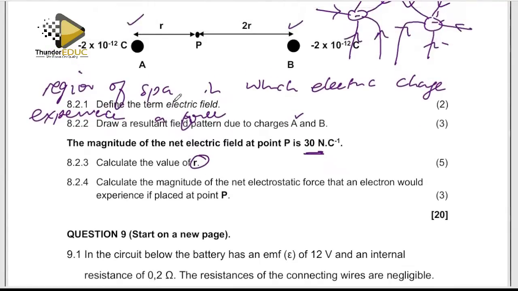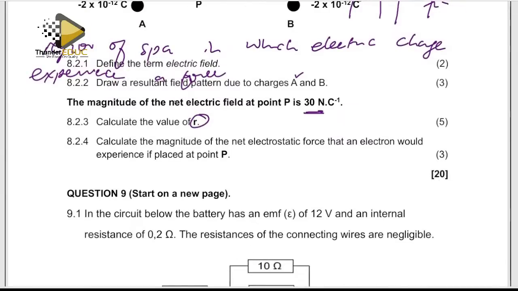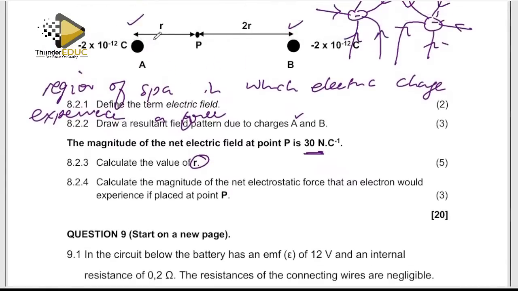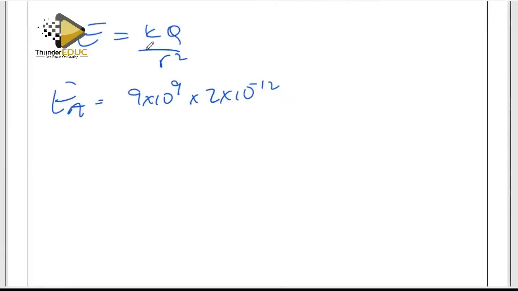And then I'll do the same on that side, which is going to give me the same answer, but the distance, remember, in this case, is R. And then that side is just 2R, meaning that the E of B is going to be 9 times 10 to the 9, 2 times 10 to the negative 12 over 2R, but squared.